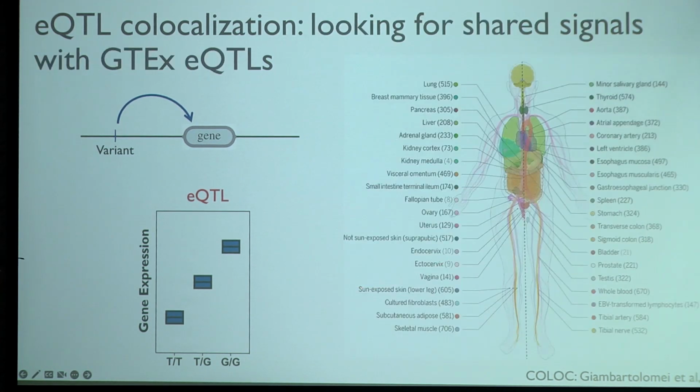Okay. And what we use for this is this massive publicly available eQTL data set called GTEx, which has eQTL data from humans from 49 different tissues. And what we did was integrate our GWAS data for these 5 phenotypes with these eQTL data sets from GTEx and found those GWAS associations that co-localize.